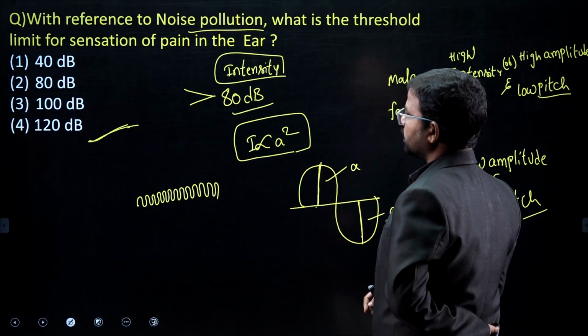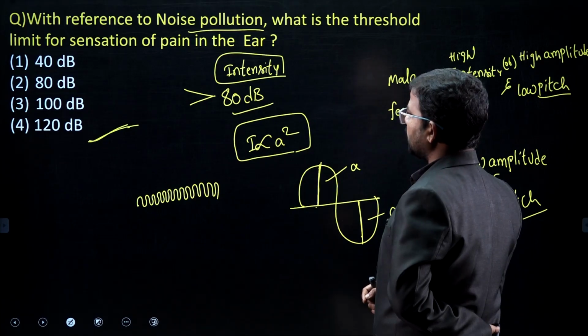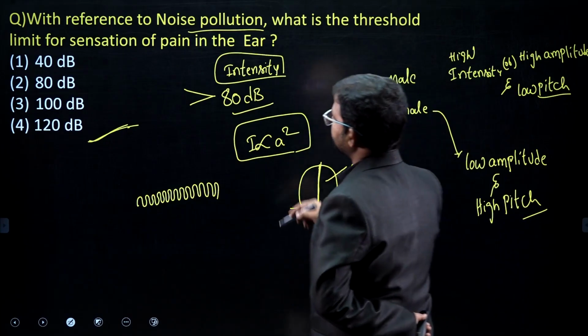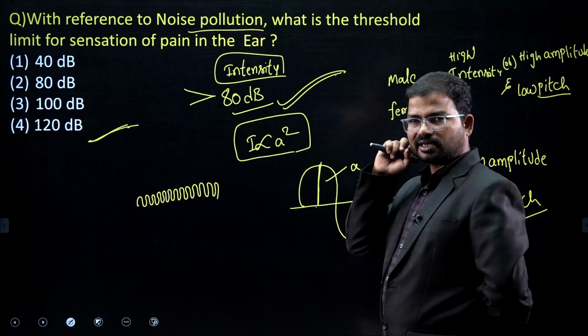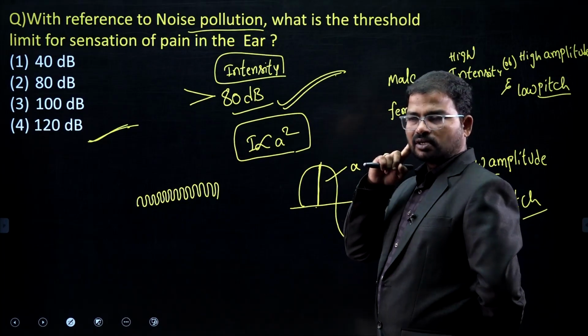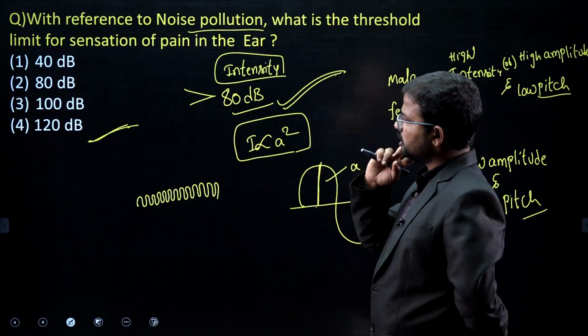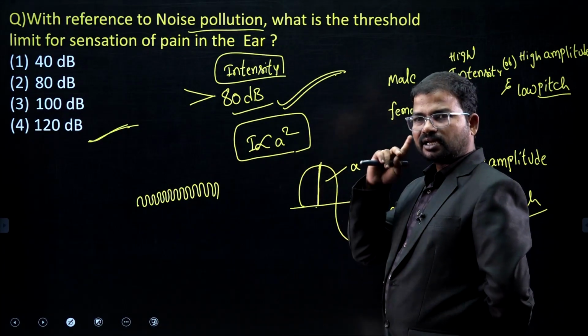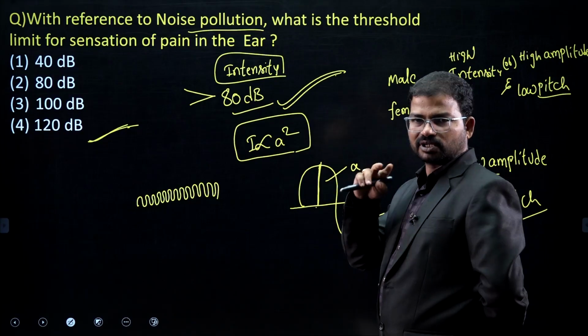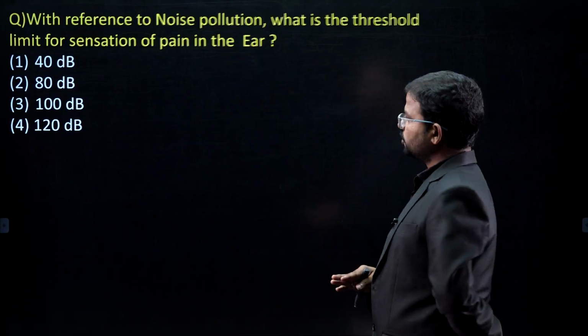According to the Noise Pollution Act, noise pollution means more than 80 decibels only. But our ear can sustain up to 120 decibels. Suppose if it is crossed, then our eardrum can be broken. So that is the interesting concept here.